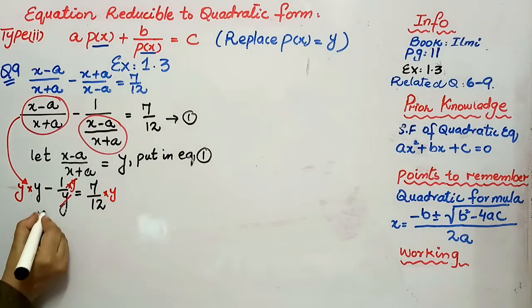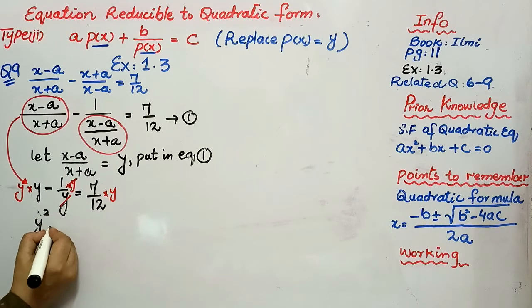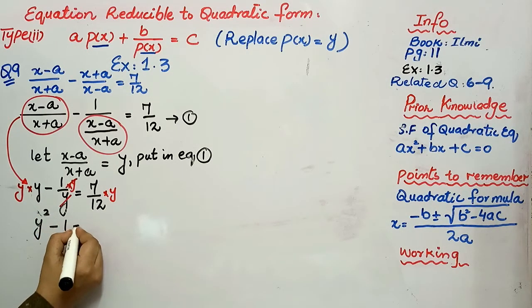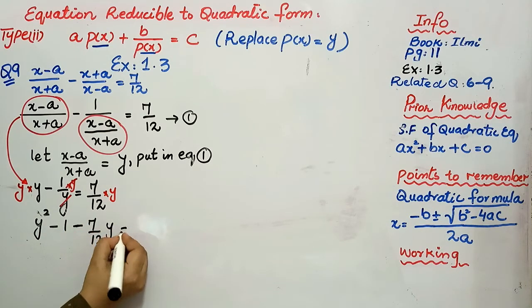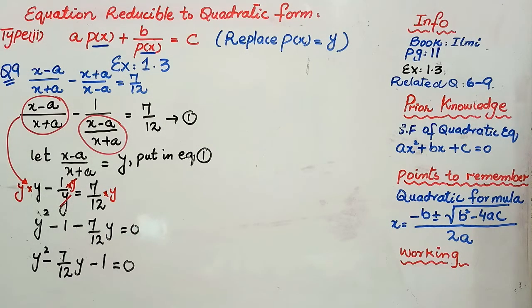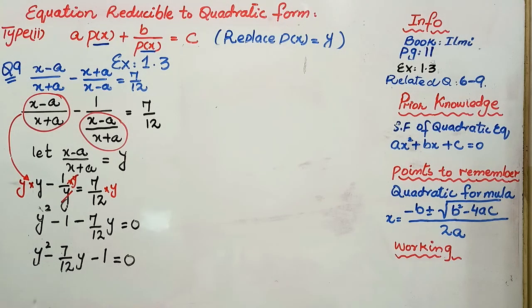Here it will be y square minus 1 minus 7 upon 12 y is equal to 0. If we rearrange it and further simplify it by multiplying 12 to each term of this equation, it will be 12 y square minus 7y minus 12 is equal to 0.